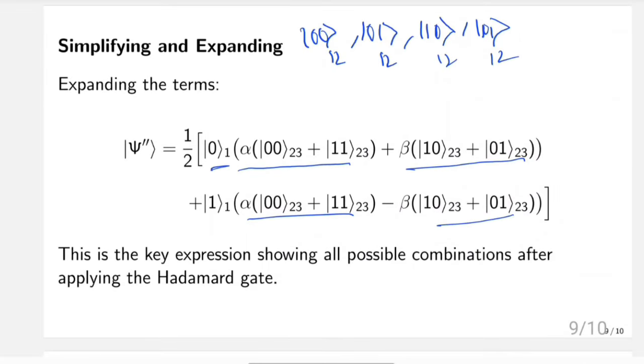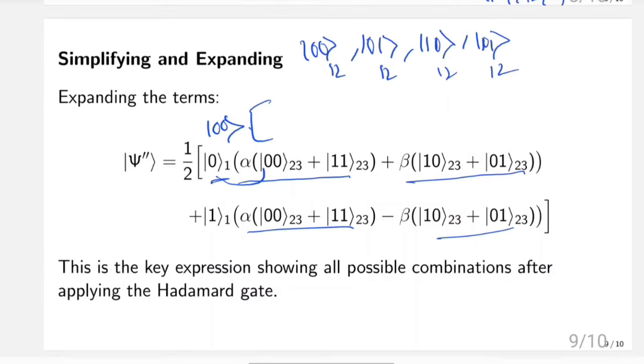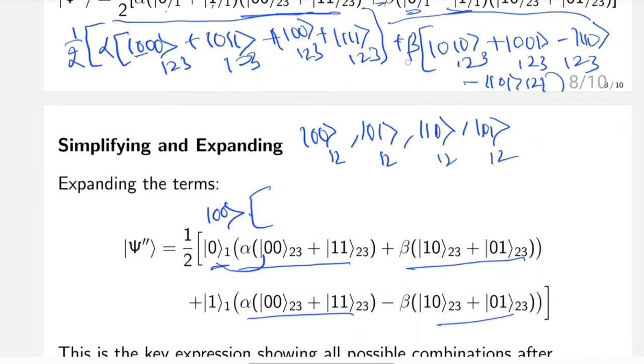If I take ket0 0 common from that equation, what will I be getting? 1 by 2 remains the same, ket0 0 common, alpha only 0 is left, alpha ket0 3. Again in this particular scenario I am having ket0 0 plus beta ket1 3.